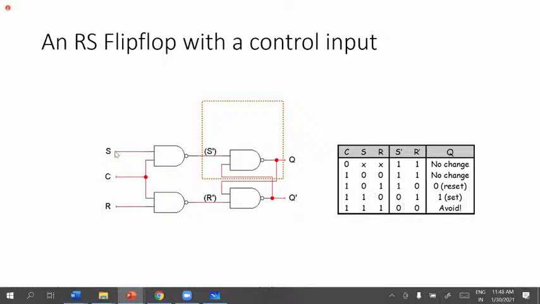Number one is 1 is equal to 0. Clock is applied, then it is performing. R is equal to S is equal to, etc.